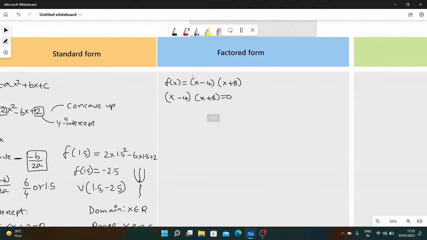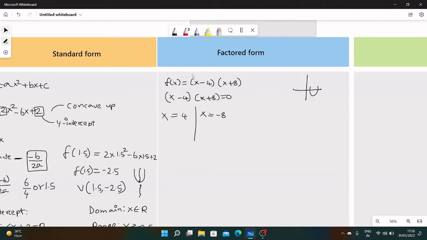It doesn't matter standard form, factored form. Everywhere, only when it's equated to 0, you can get the x-intercept, because it doesn't matter what form it is in. Coordinate geometry is coordinate geometry. The x-intercept will be at y equal to 0. So you can have two possible values. Those are x equals 4 and x equals minus 8.